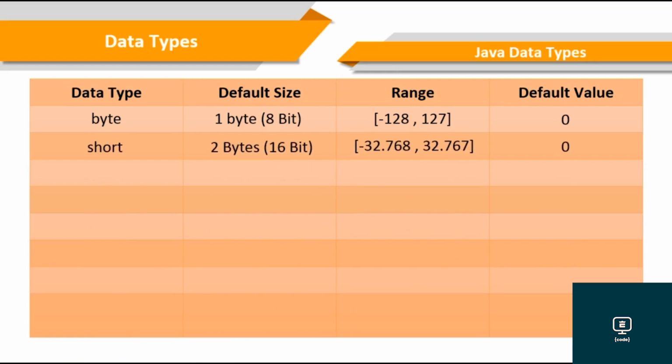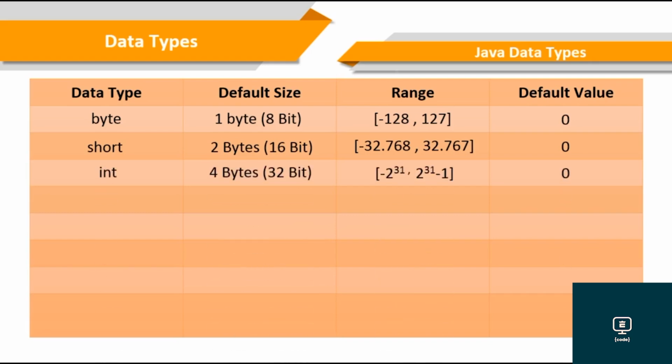The short data type is a 16-bit signed 2's complement integer. Similar to byte, use short to save memory in large arrays, especially in situations where memory savings actually matters. It has a minimum value of -32,768 and a maximum value of 32,767 inclusively. It also has a default value of 0.